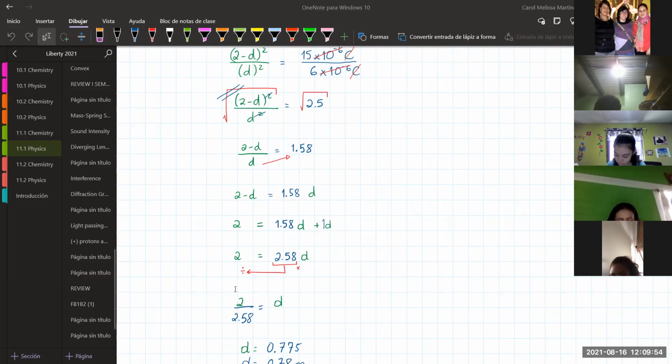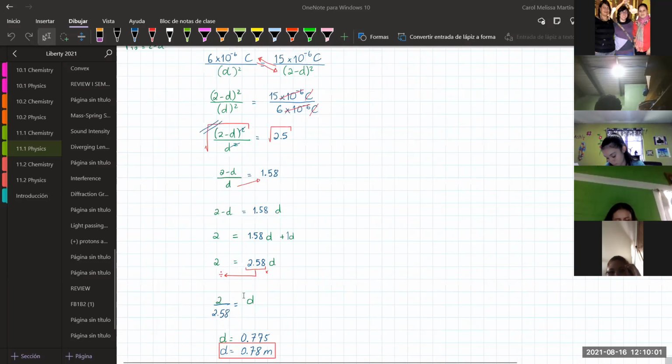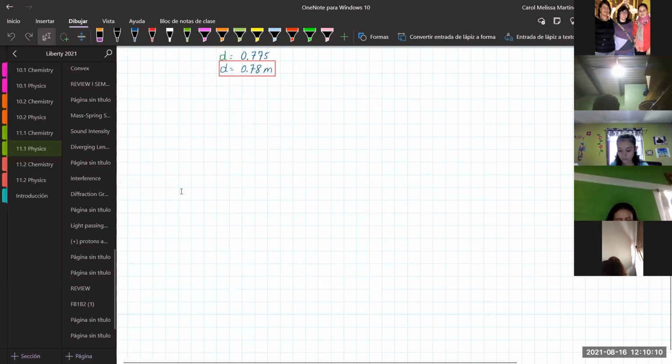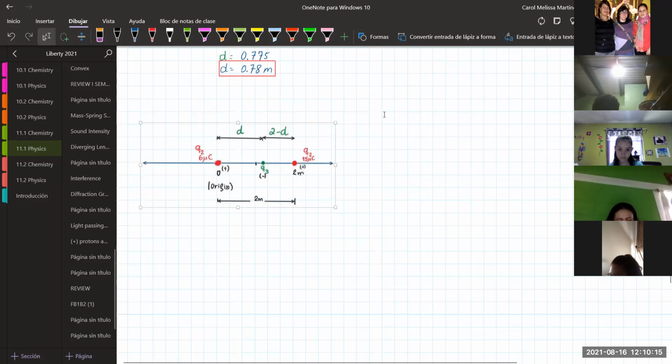And this, of course, should be in meters. Now, what is this? It's not just an answer and that's it. So I'm taking my origin and my initial sketch, and I will put this information here. I know that d now has a value of 0.78 meters.